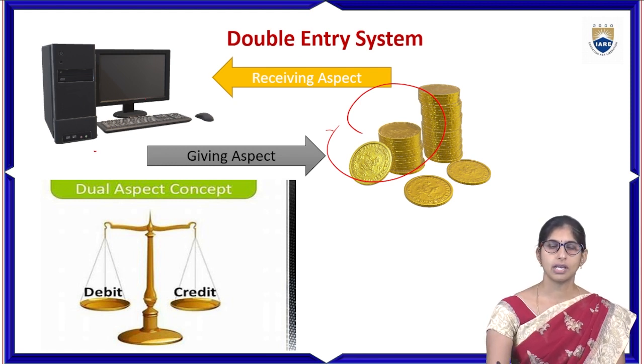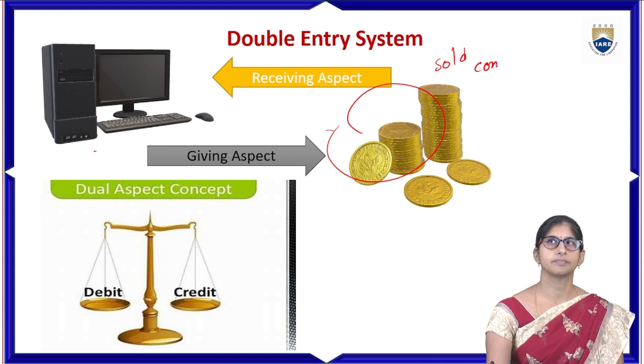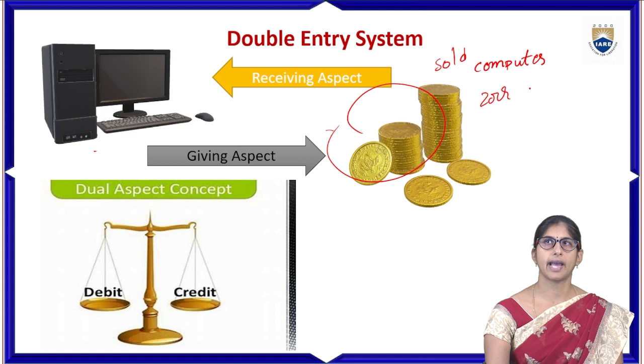So what is the exact transaction? Sold computer for cash rupees 40,000. This is the transaction.